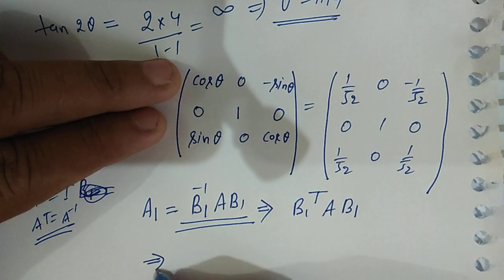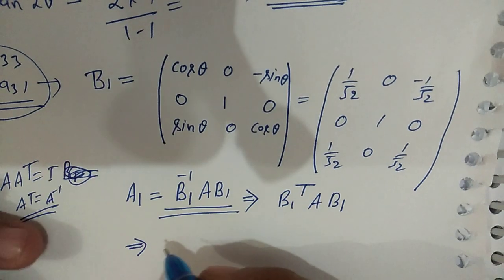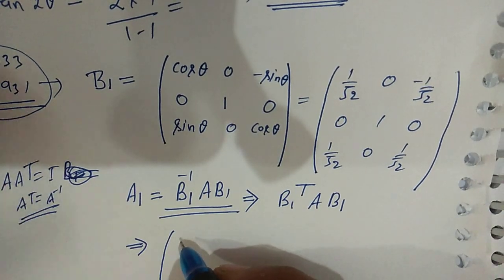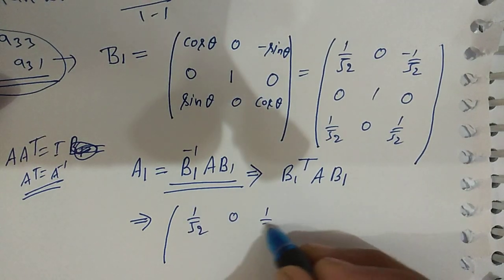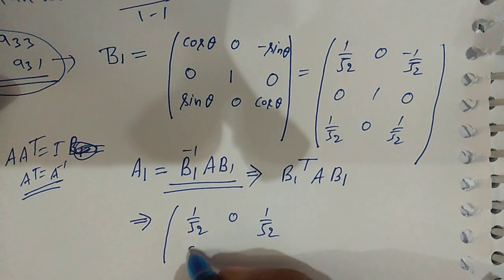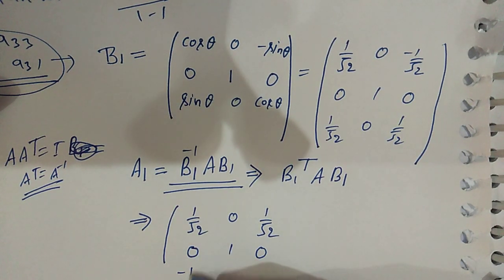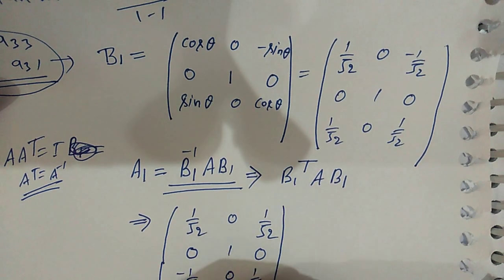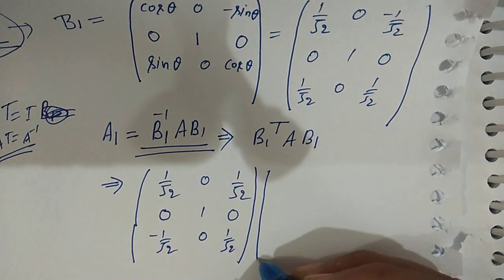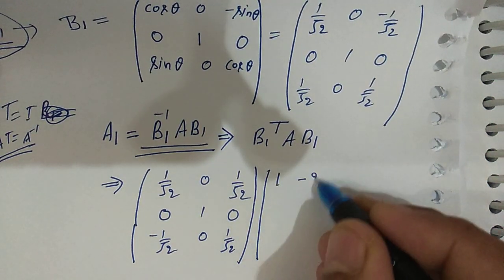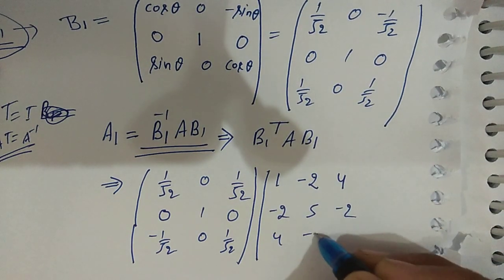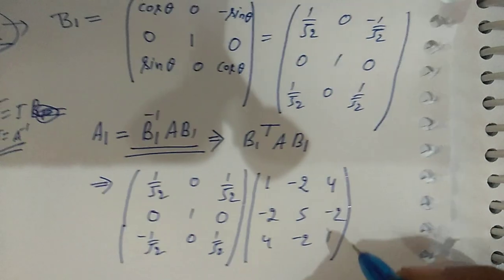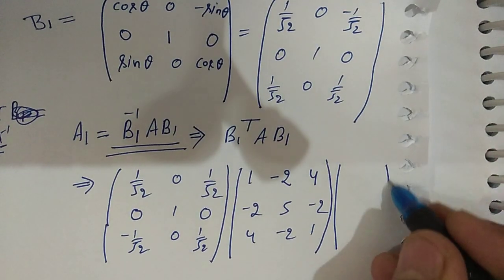So let us see what your A1 is. Your B1 transpose will be 1 upon root 2, 0, 1 upon root 2, and 0 1 0, and minus 1 upon root 2, 0, 1 upon root 2. So this is your B1 transpose, and A is the given matrix: 1 minus 2 4, minus 2 5 minus 2, 4 minus 2 1, and we have the B1 matrix here.